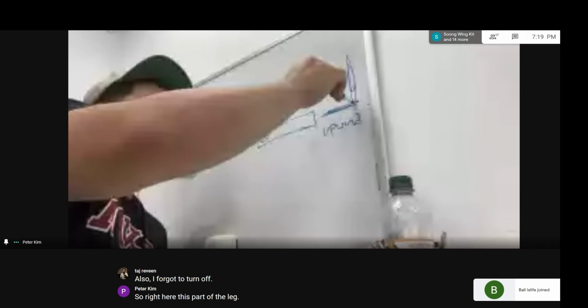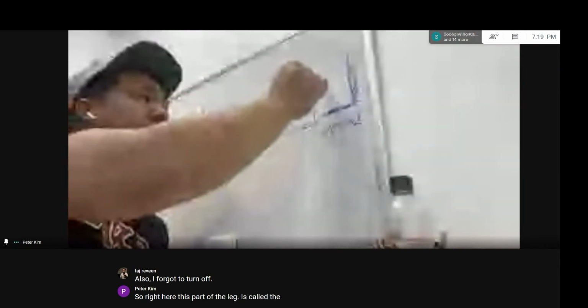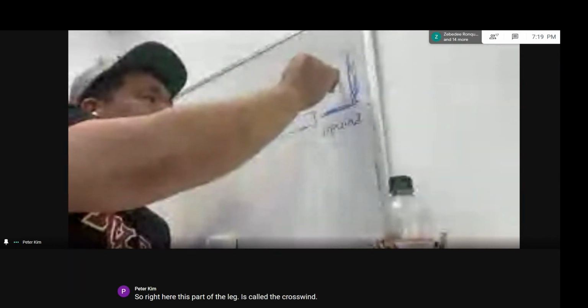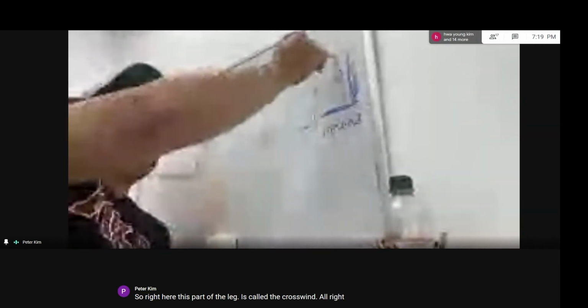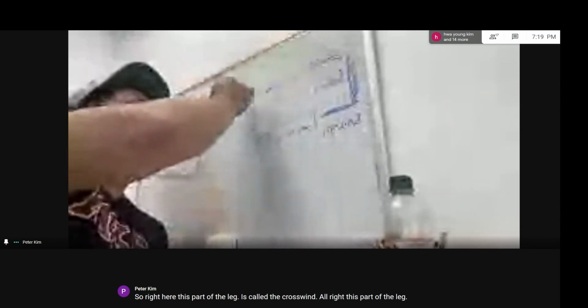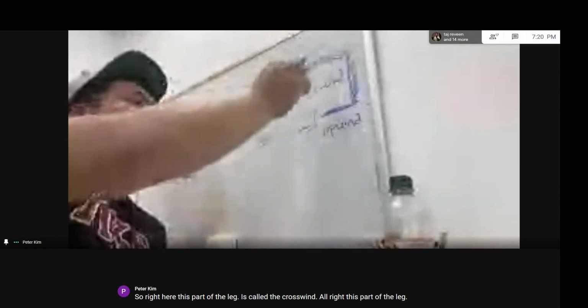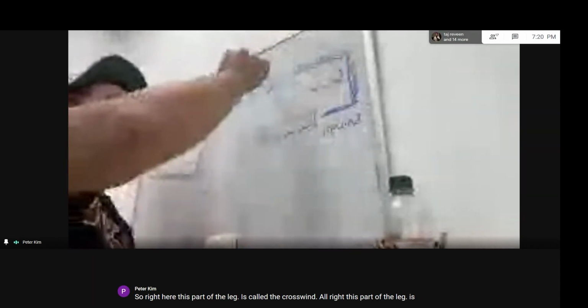So right here, this part of the leg is called the crosswind. All right? This part of the leg is called the downwind.